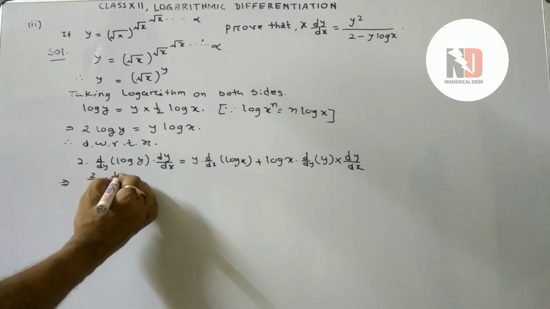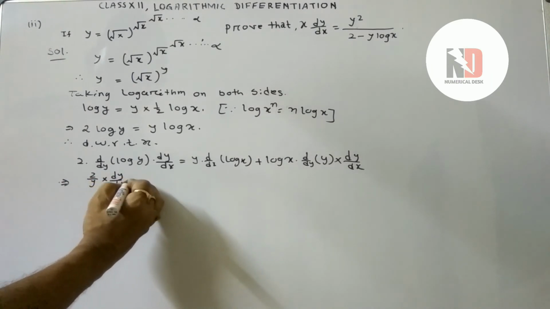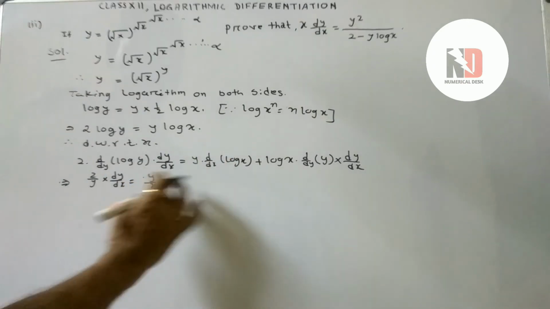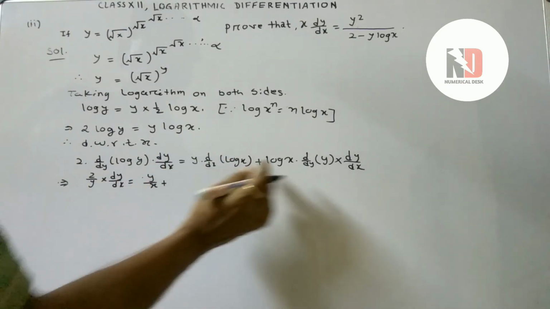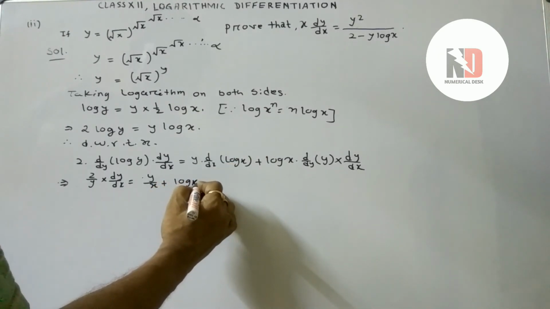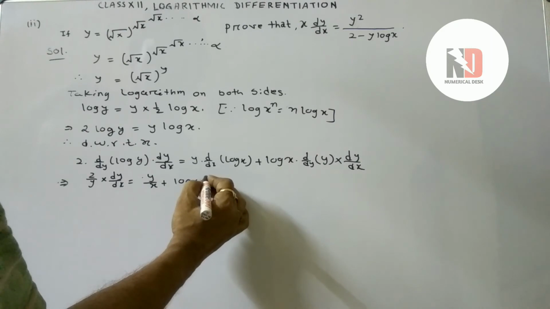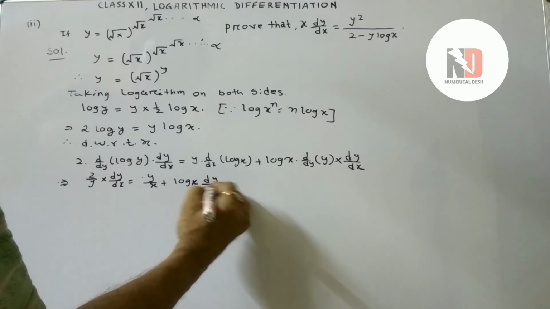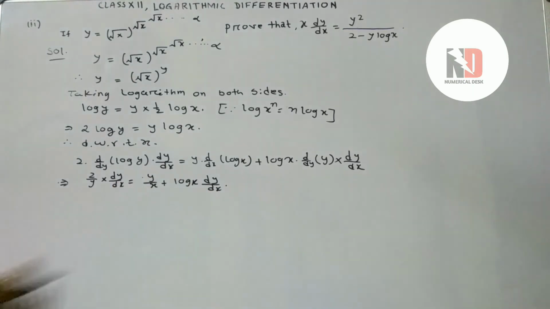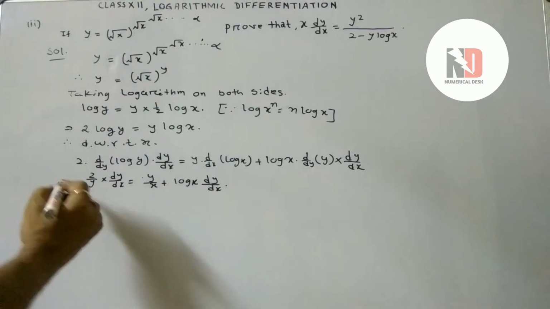We have to make the differentiation in terms of the same parameter. Anyway, so y into d by dx of log x is y by x. Now log x into dy by dx. d by dy of y is 1, not writing here.